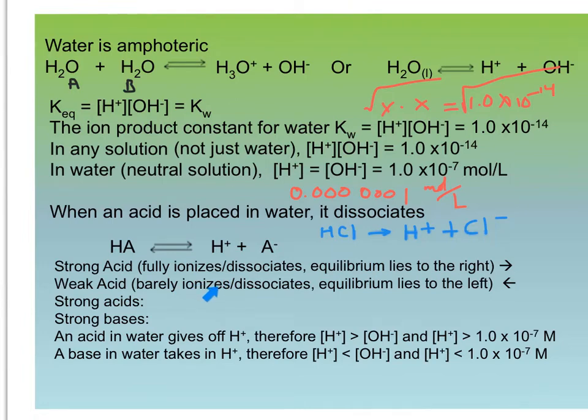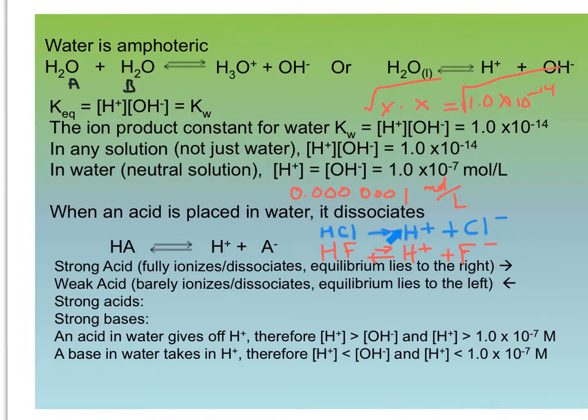Very little of it actually turns into ions. HF, for example, is a weak acid. So if I take some HF and put it in water, only a tiny bit of it turns into H+ and F-. The majority of it remains as molecular HF. So that's the difference between a strong or a weak acid.